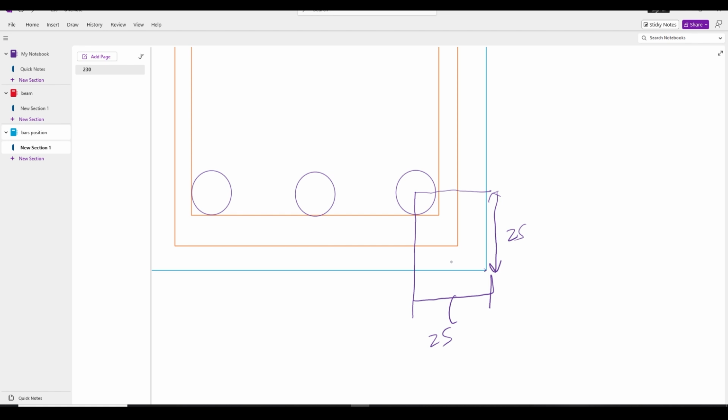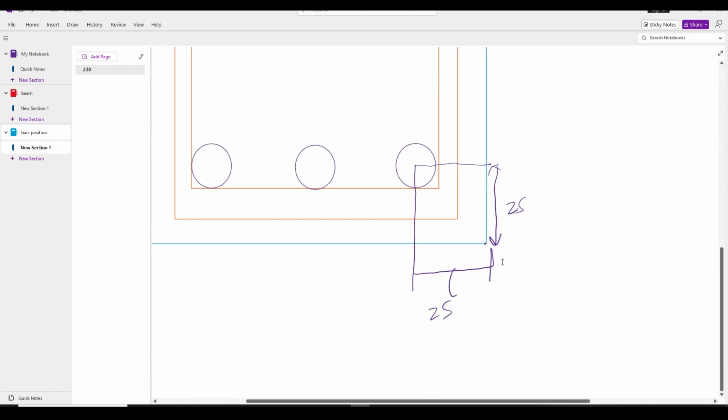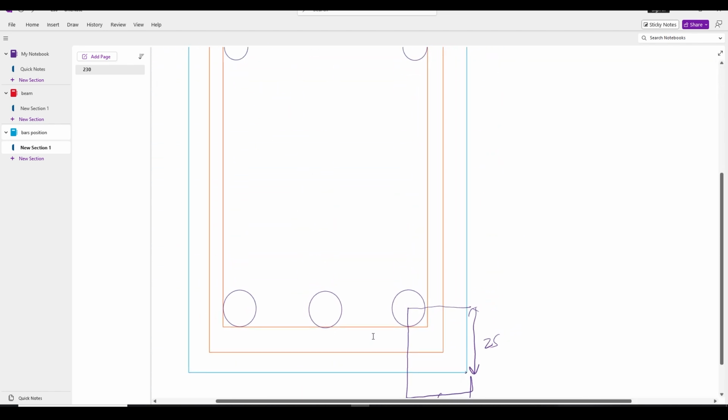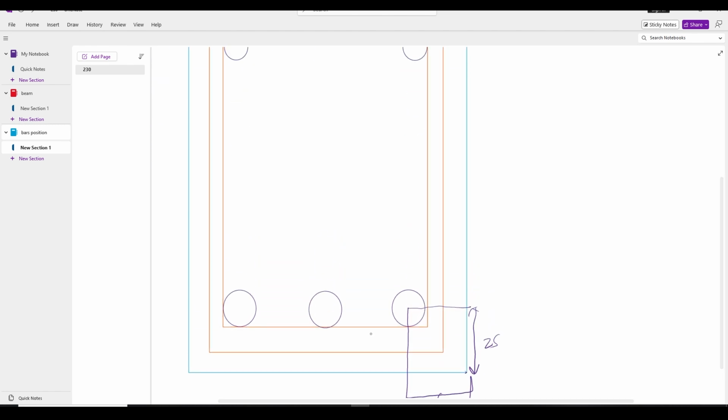Now for the second, we will calculate this bar second. Let's just name these bars, it will be easy for us.